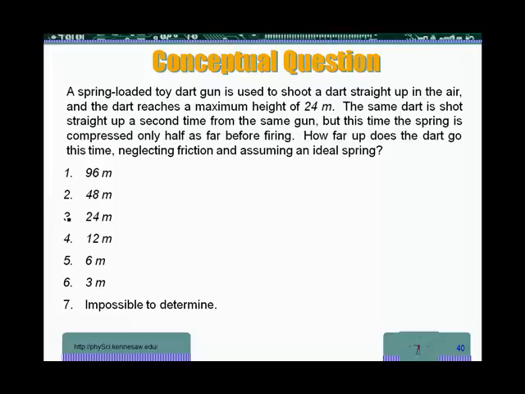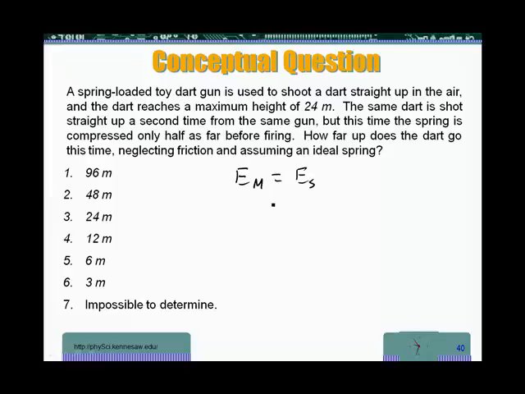Okay, again here we have to think about what's happening here. So mechanical energy at the beginning is going to be mechanical energy at the end. The mechanical energy at the beginning is going to be just the spring potential energy.